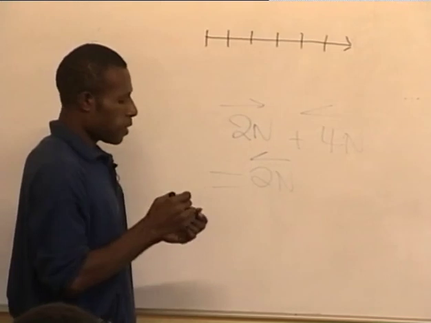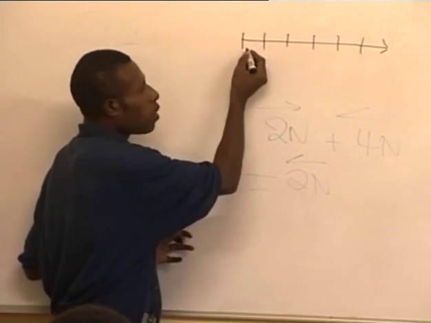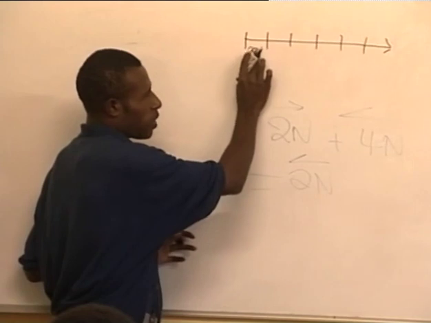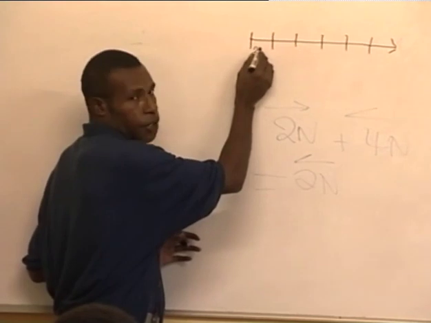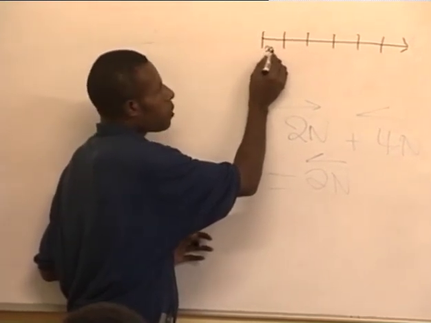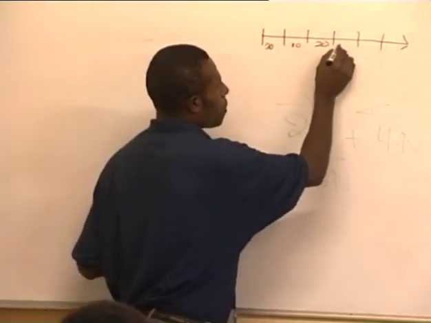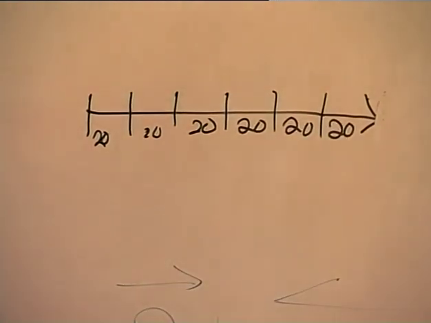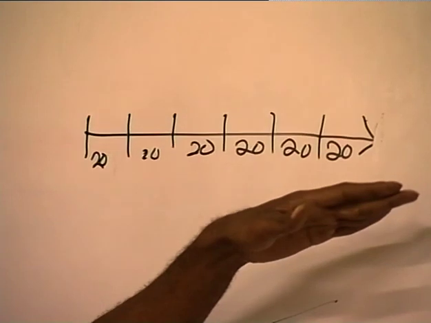If you use this as a scale, each one of these will be about 20 kilometers per hour. So it'll be 20 plus another 20, plus 20, plus 20, plus 20, plus 20. That gives you 120 kilometers per hour to the east.